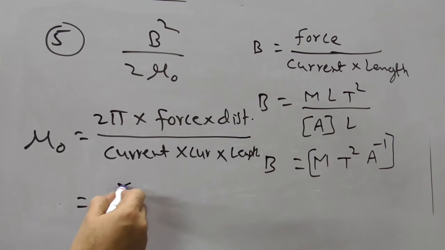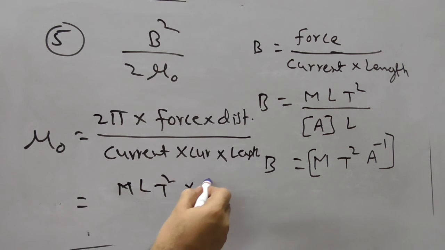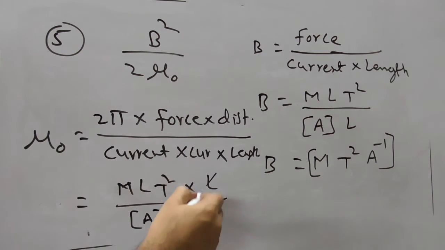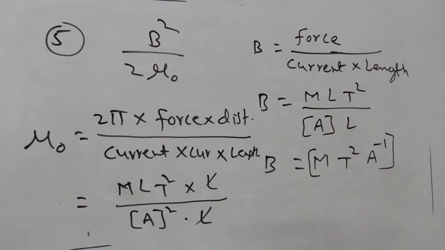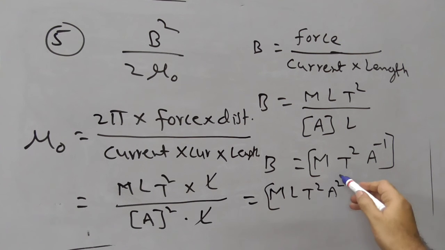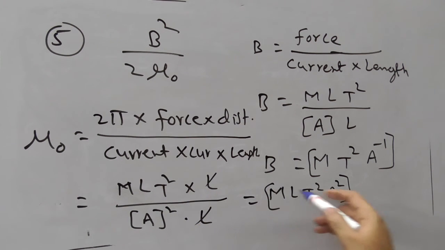Again force is M L T minus 2, distance is L, by current squared, A square, and length L. One L gets cancelled, right? Now the dimensional formula for mu naught is nothing but M L T minus 2 A minus 2, since A is in the denominator.